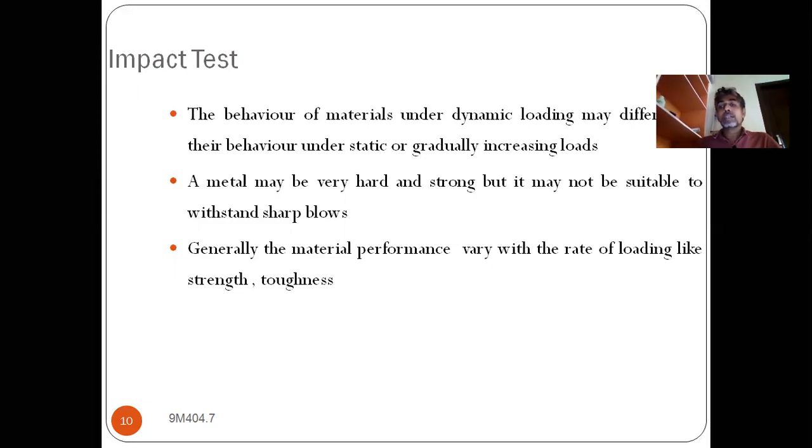Because sometimes, because of this dynamic loading, the component may fail at earlier stresses, as they may not withstand the sudden load as compared to static loads. They may exhibit more strength under static loads, but they may not withstand sudden loads. They may fail at an earlier stage.